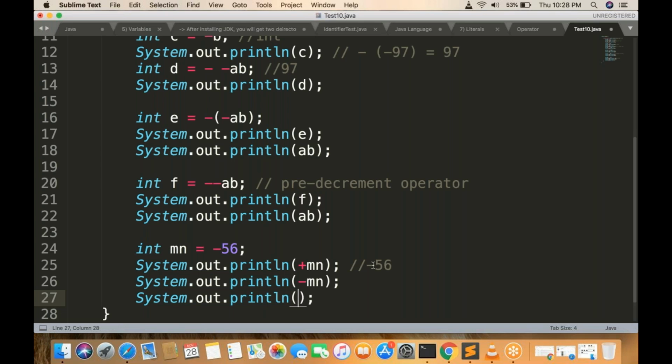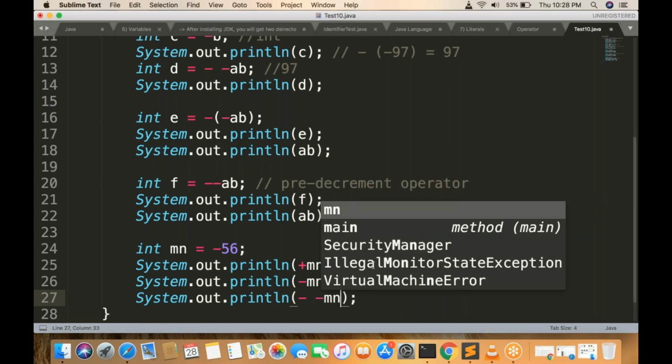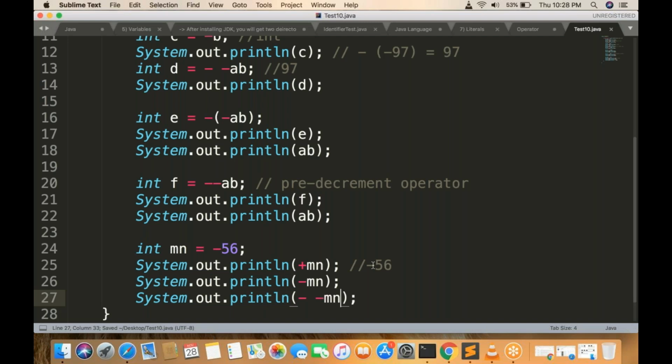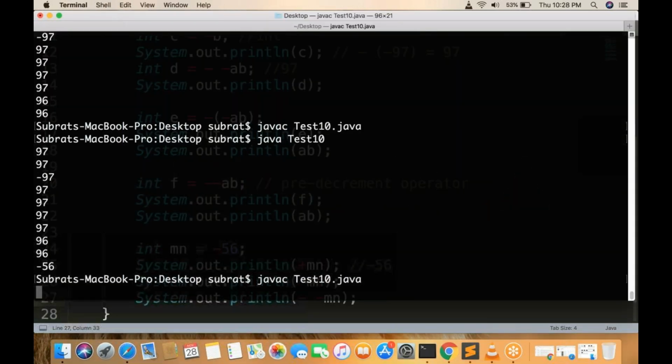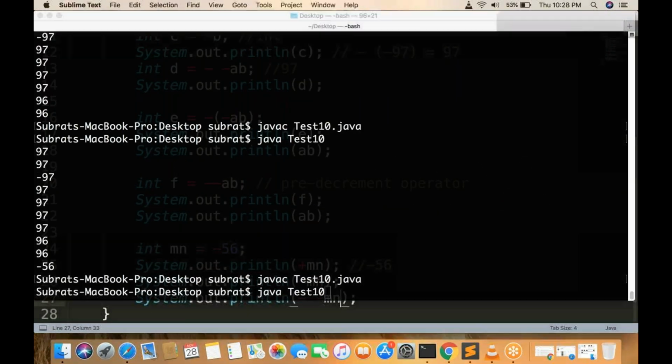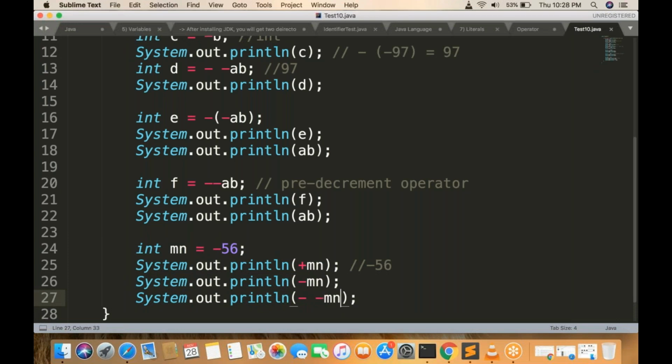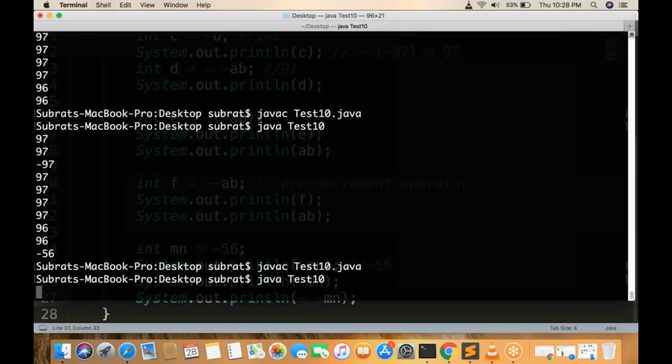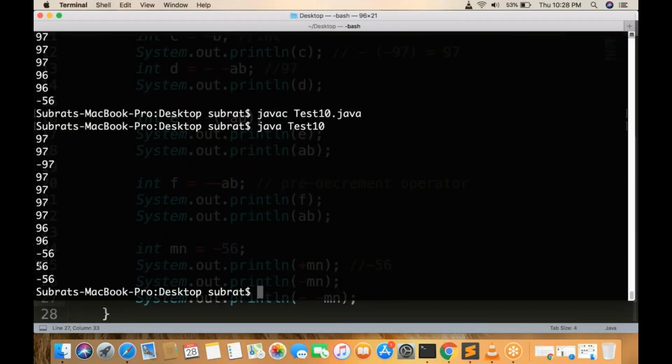If I write minus mn, then what will it print? Minus 56. Let me see here. So the first one was 56 and the second one is minus 56. See here, 56 and minus 56.